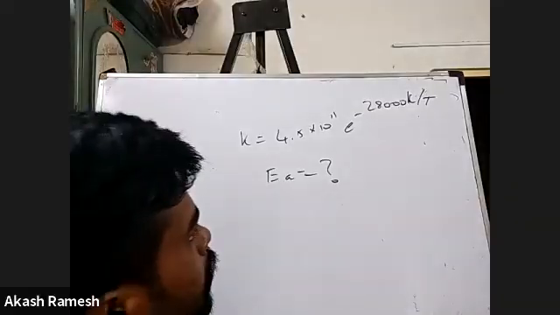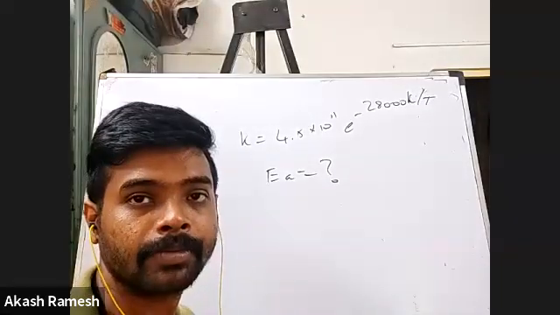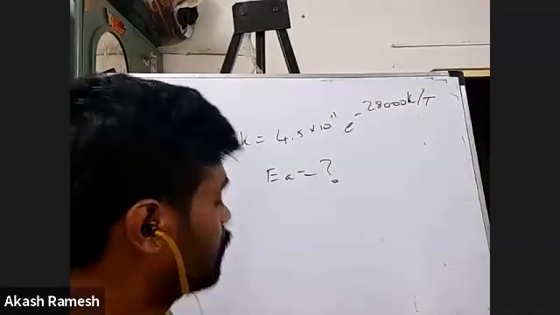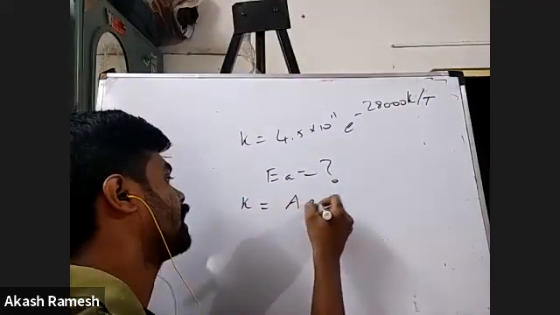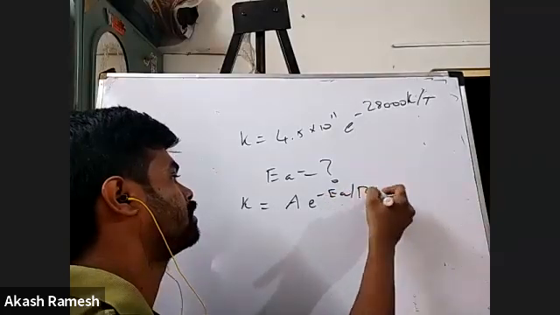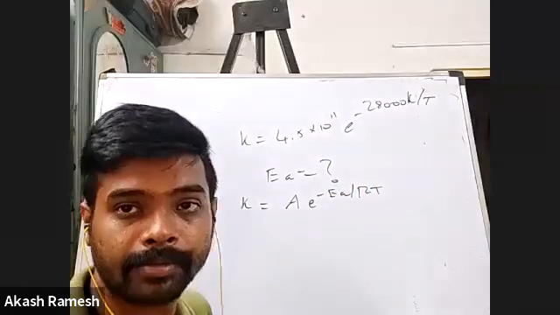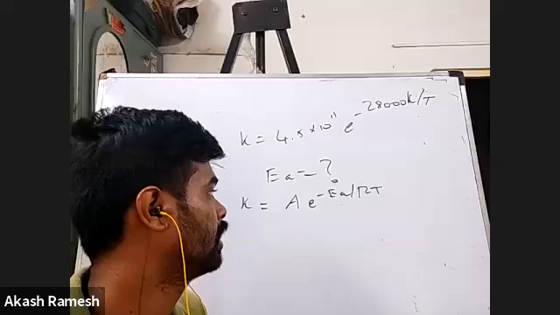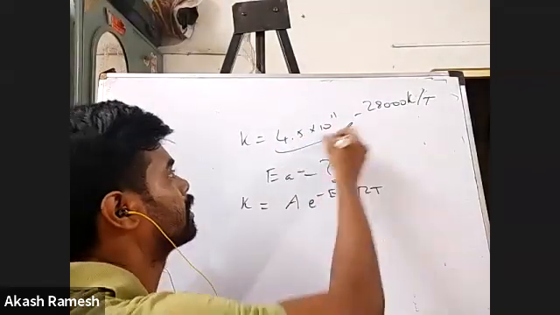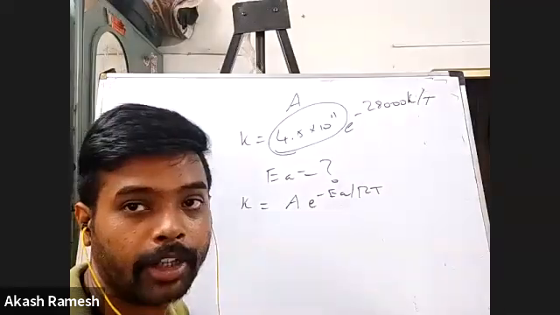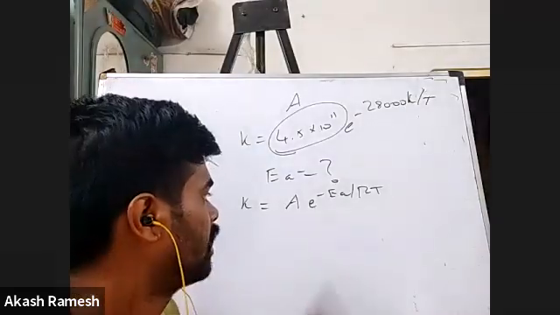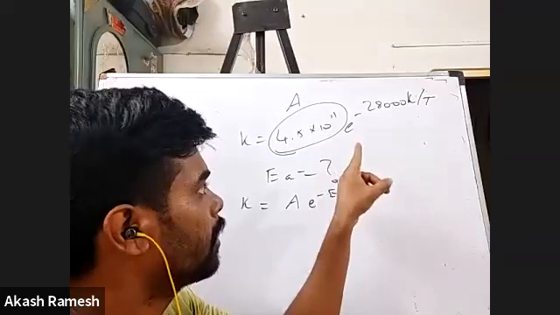Okay, so now how will you approach this question? It's simple. I know how the Arrhenius equation looks: K is equal to A e power minus Ea by RT. Now, this particular value here is my A, before the exponential, and then e power minus Ea by RT.